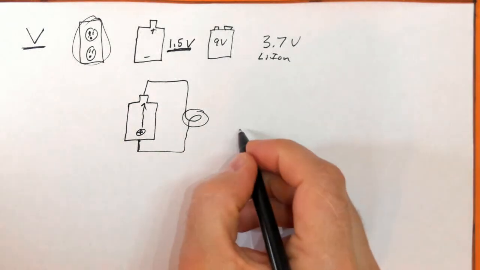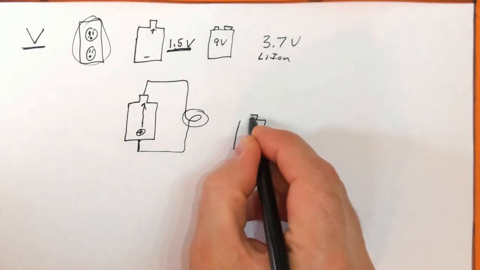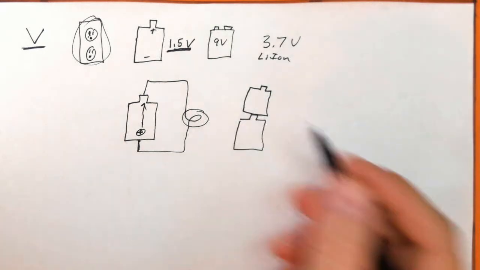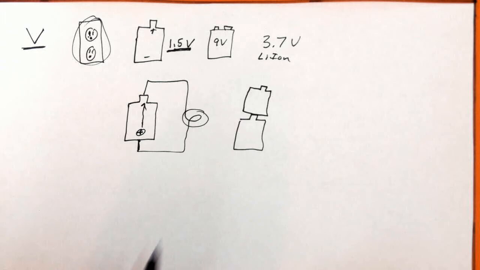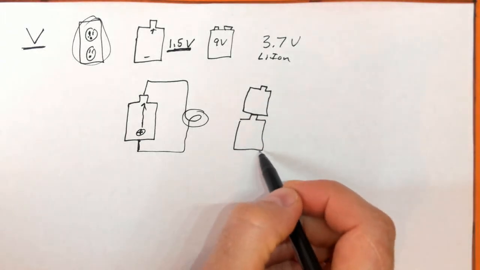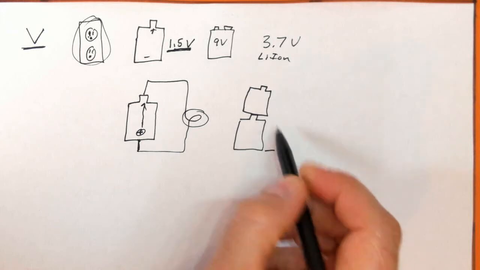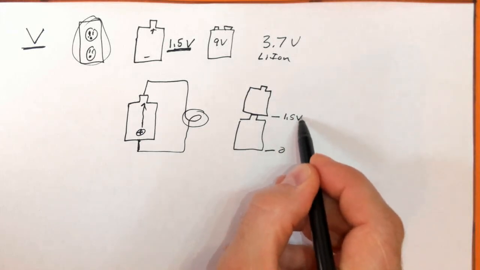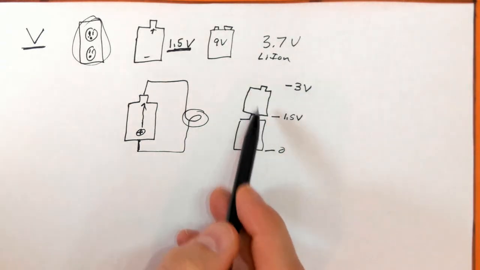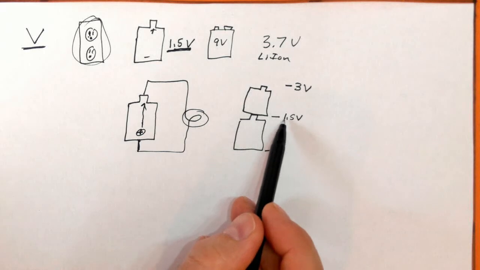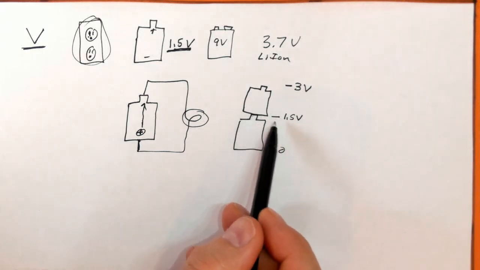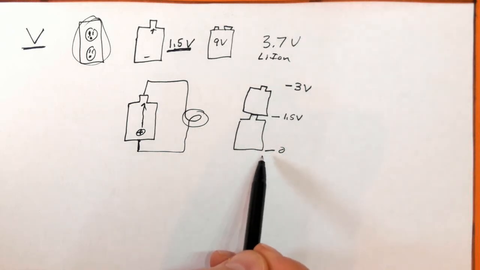And the cool thing about it is you can create whatever voltage you want by sticking them end to end. Like I have some flashlights at home that you can stick 2 in or 3 in. And so if this is a potential, if I call this 0, then that is 1.5 volts, then this one's going to be 3 volts because it's 1.5 volts bigger than the bottom of it, and the bottom of it was connected to this one, so they're at the same potential, and that was 1.5 volts bigger than this one.